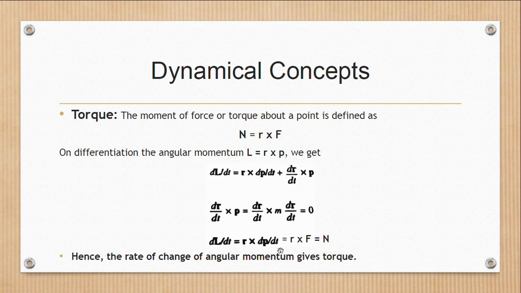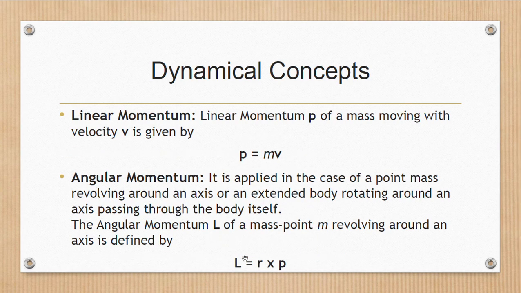So the rate of change of linear momentum is replaced by the force acting on it. Now r cross F is again equal to torque. The definition of torque says that the cross product of the radius vector and force is equal to torque. So in this slide, we have proved that dL by dt equals torque, or we can say that the rate of change of angular momentum is equal to torque.